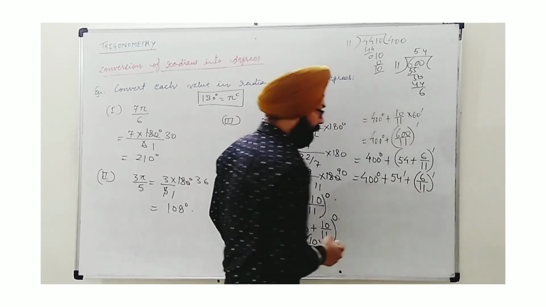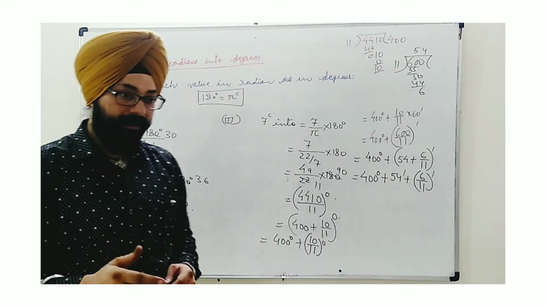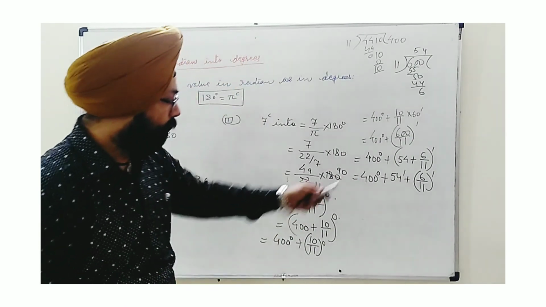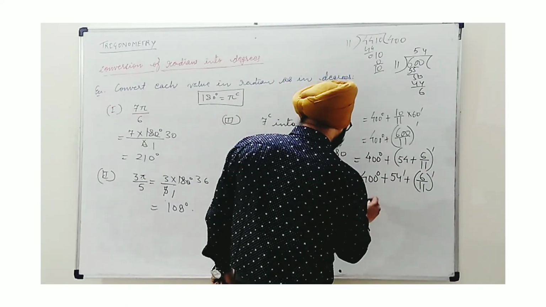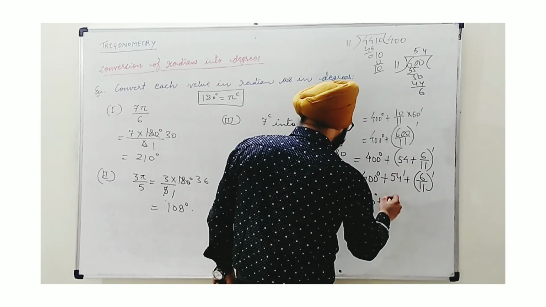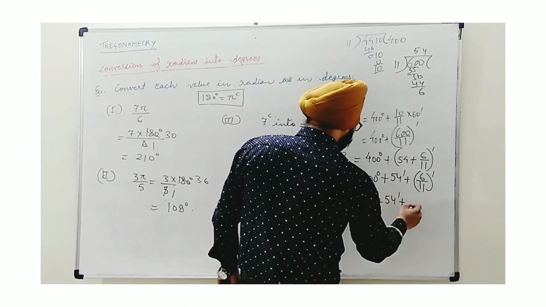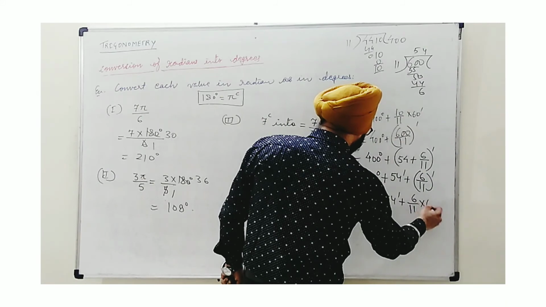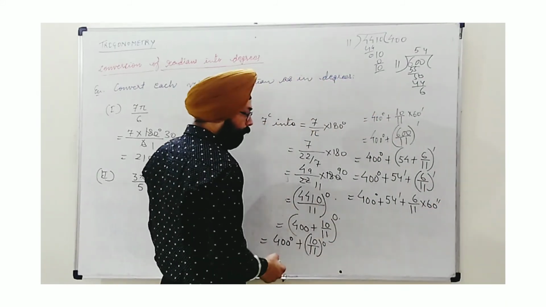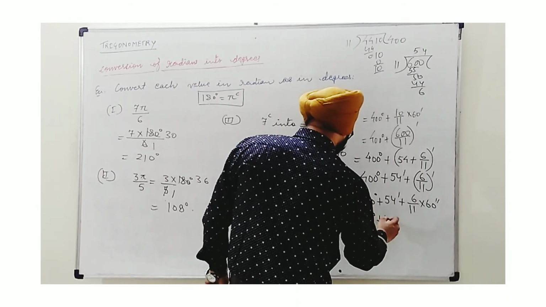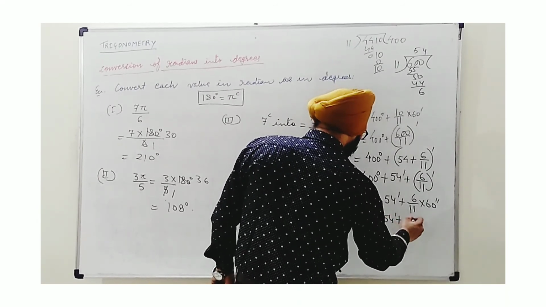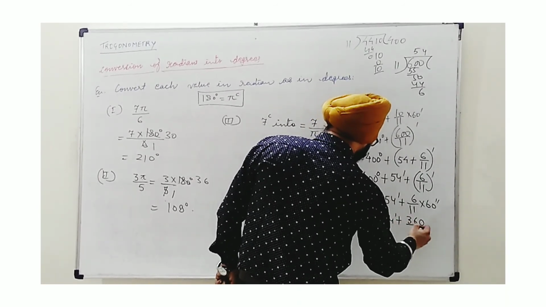Now further, what I said, one more division is there, seconds. So we will multiply the last term by 60 seconds. It becomes 400 degree plus 54 minutes plus 6 upon 11 into 60 seconds. As soon as we do, we have no cancellation, but directly we can write this as 360 upon 11.